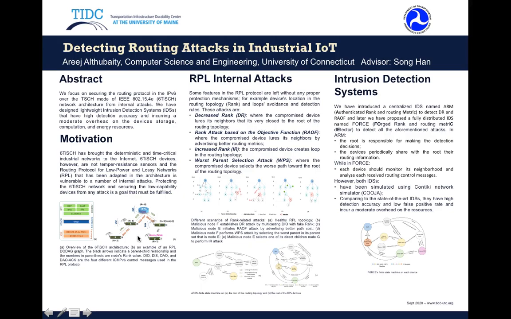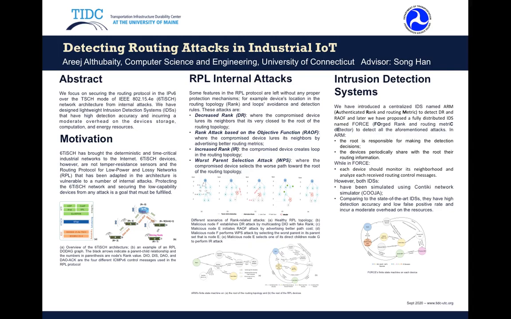The third control message is the destination advertisement object, or DAO, where the device sends its destination information to the root, and the root has to reply with a DAO acknowledgement to let the device know that it successfully received its DAO.